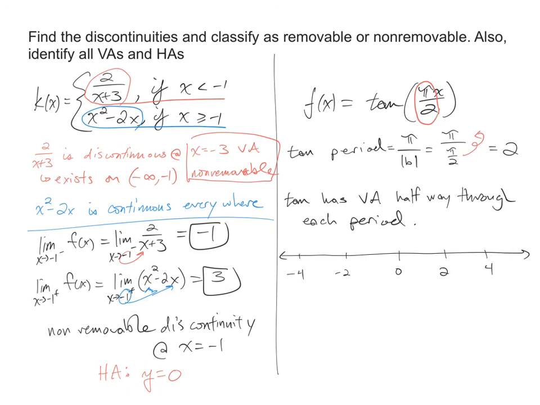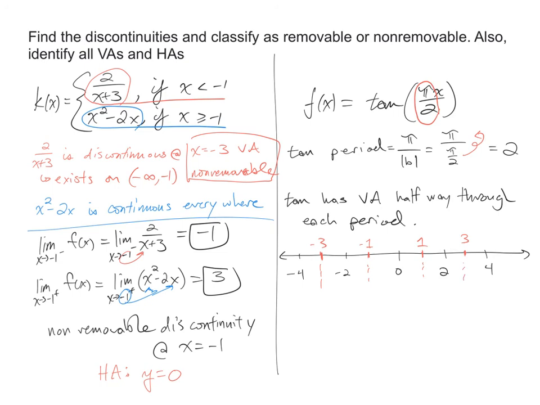So I'm going to mark over here in red. Halfway between 0 and 2 is 1. Halfway between 2 and 4 is 3. Halfway between 0 and -2 is -1. Halfway between -4 and -2 is -3. So all of these red dashes are where vertical asymptotes happen.